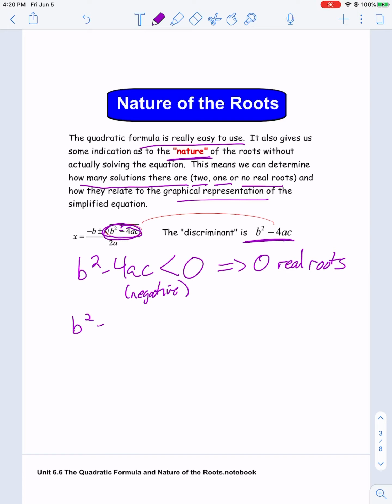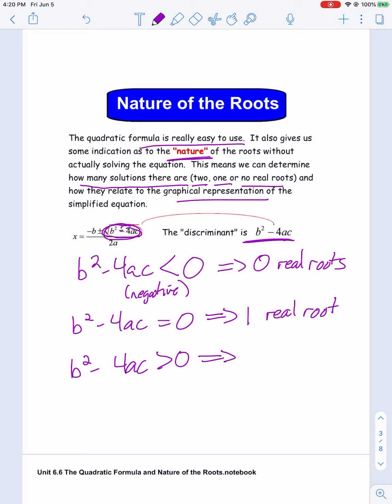If b squared minus 4ac equals 0, you guessed it, there is 1 real root. And if b squared minus 4ac is greater than 0, that means that you get 2 real roots. And I'm going to tell you a little bit extra right now.